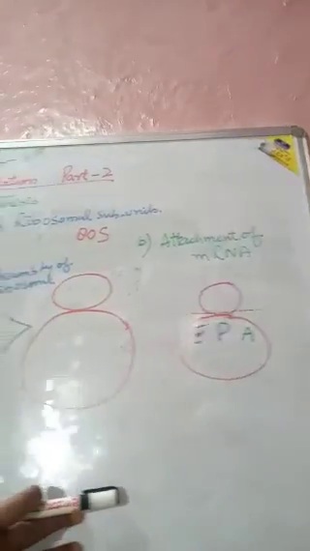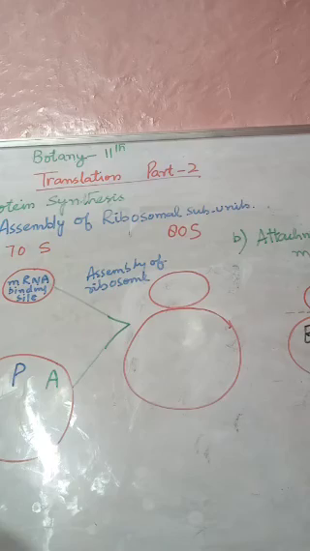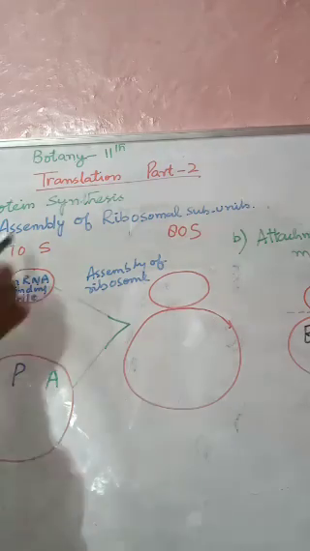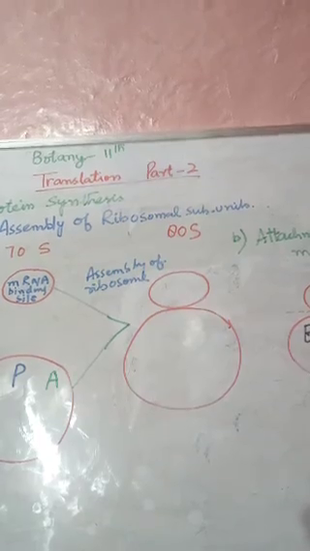So this was the third step which we have discussed, and the first one is the assembly of the ribosomal subunits, and the second one is the attachment of the mRNA.